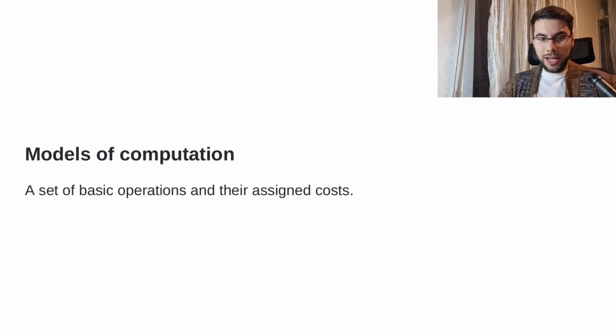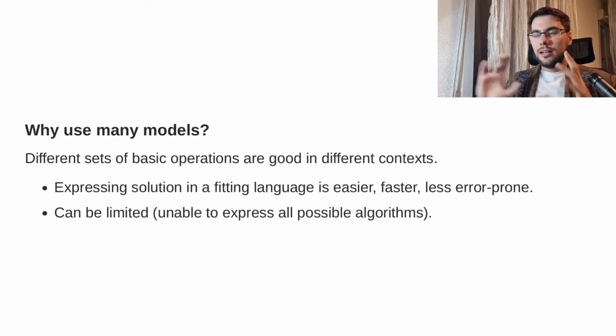Naturally, we can create all kinds of models of computation, and only our fantasy is our limit. But what for? What's the catch in creating lots and lots of models of computation?